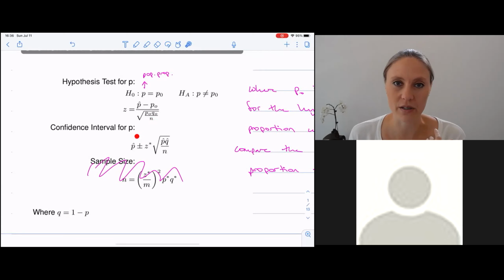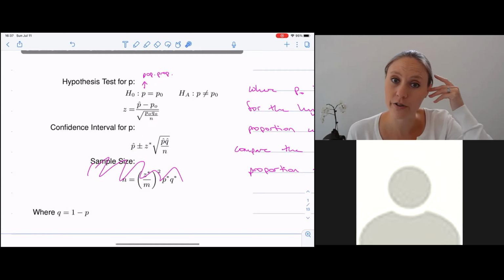Okay. We can build a confidence interval. So again, we have P hat from the sample. We know how to find Z star. P hat again, and then Q hat is just 1 minus P hat over N, square rooted.